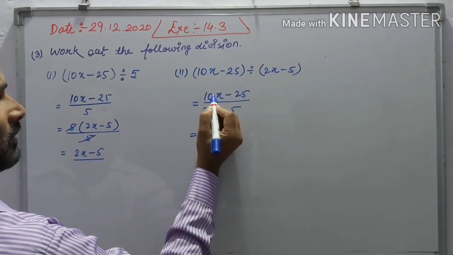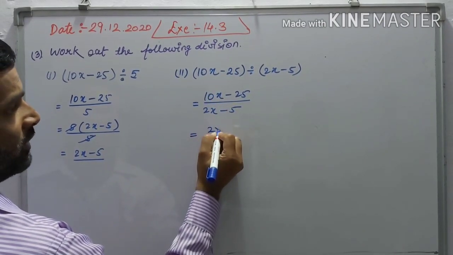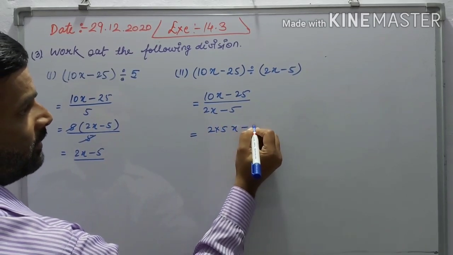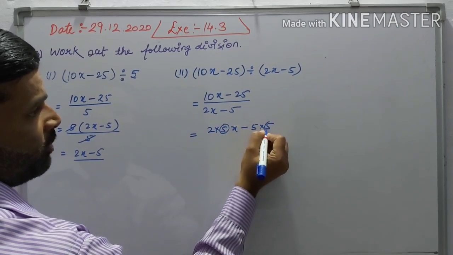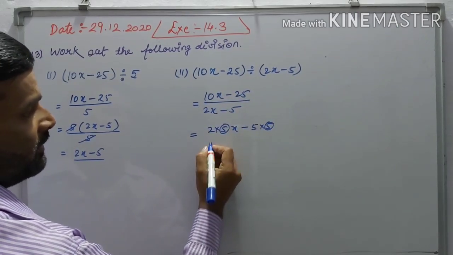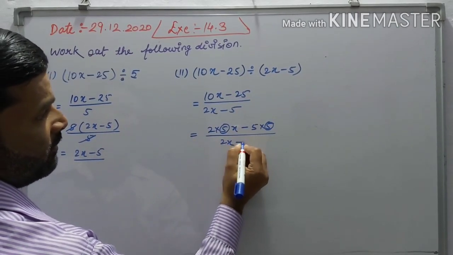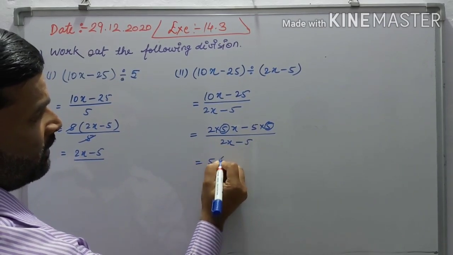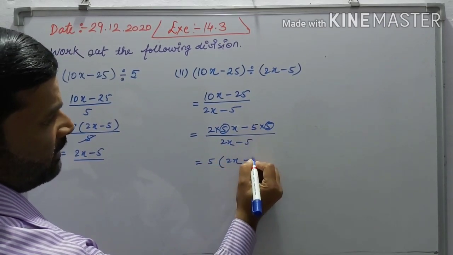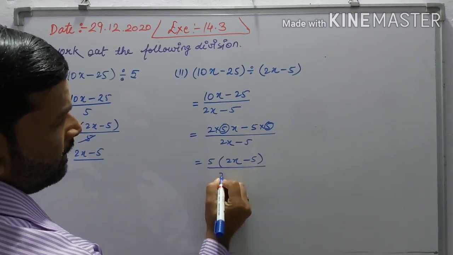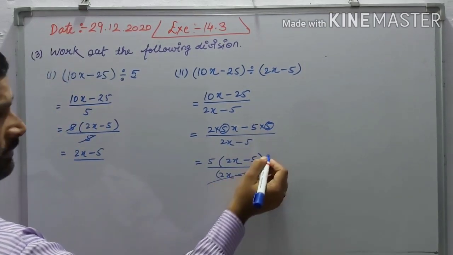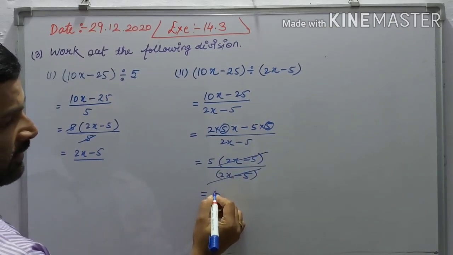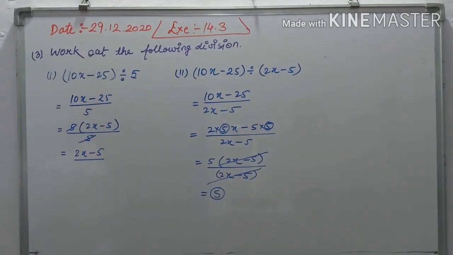The upper quantity 10 is 2 into 5, and 25 is 5 into 5, so 5 is common to both. So you write 5 times 2x minus 5, upon 2x minus 5. 2x minus 5 cancels. The answer is 5. Okay.